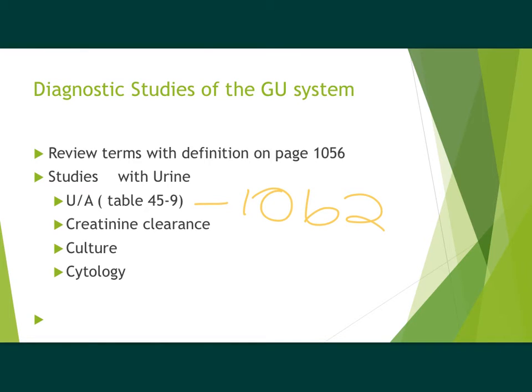And then next, skipping down, a urine cytology. Let's just start to lay the groundwork now for cytology. Cytology is looking for abnormal cells. So if we're suspicious that there's a cancer, we're going to do a cytology. And in this, we would be looking for a bladder cancer.